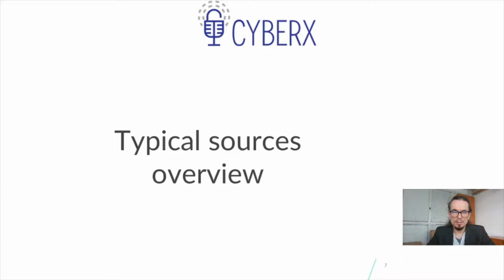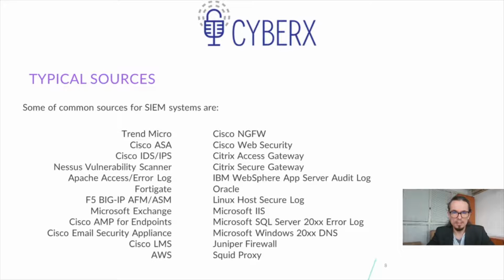So let's look at the typical sources and overview them for the SIEM solutions. The typical sources are, for example, Trend Micro, Cisco ASA, Oracle, Microsoft IIS, Microsoft SQL Server, Microsoft Exchange, FortiGate, Apache, and so on.